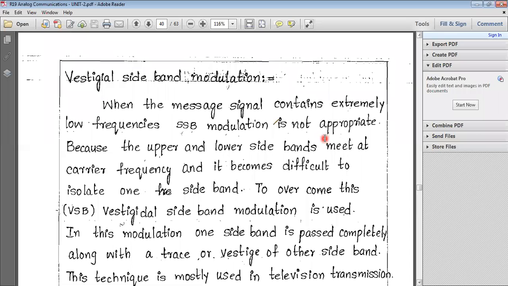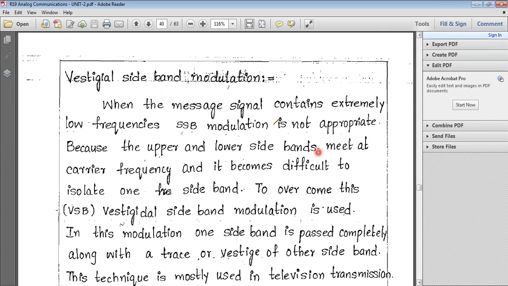That is, the two sideband frequencies meet at the carrier frequency. So there is no perfect isolation between the upper sideband and lower sideband. If the message signal frequency is very, very low, the upper and lower sideband frequencies meet at the carrier frequency. Did you get this point?